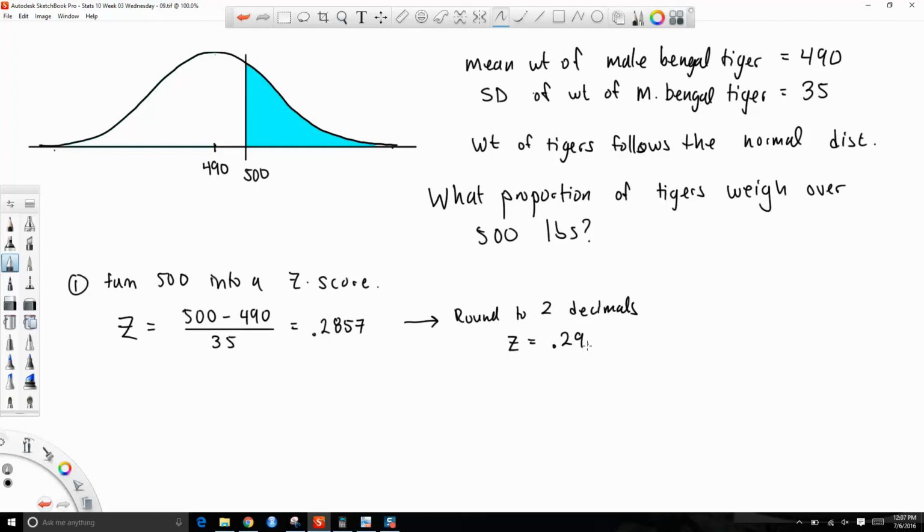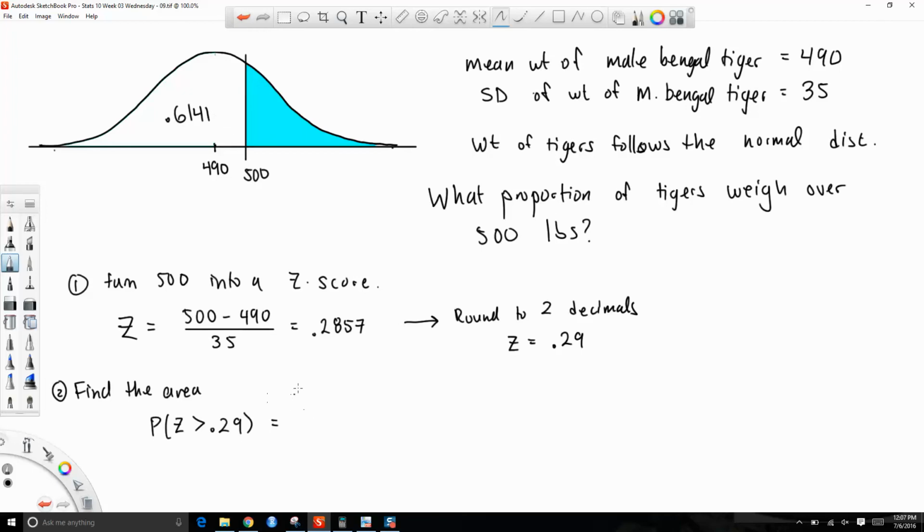And then the next part is to find the area. We want to know the probability that z is greater than 0.29. We can look up 0.29 and we get the area to the left is 0.6141, right?